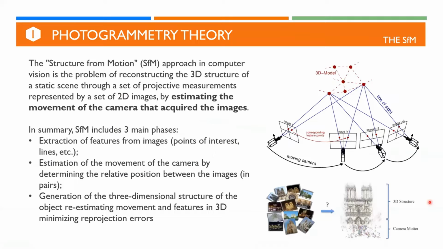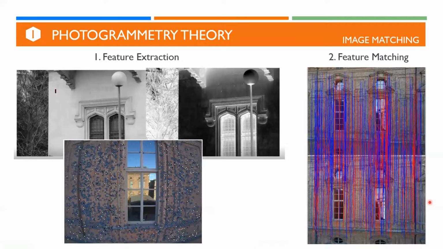So this is the principle of the structure from motion, what we actually use every day when we deal with this data. There are different steps. As I showed you before, the first one is the feature extraction, so the common points from one image and the other. And these blue points are those that are used in the sparse point cloud. Here we can see the feature matching.